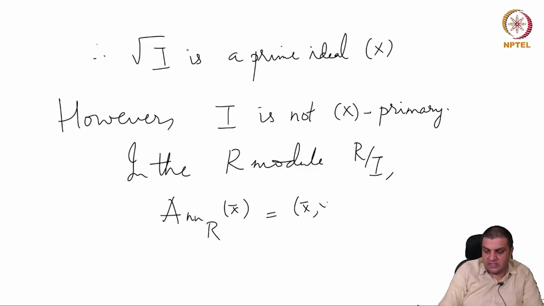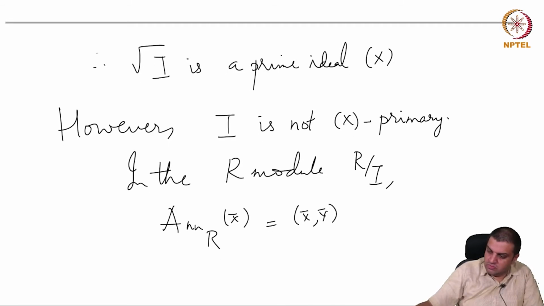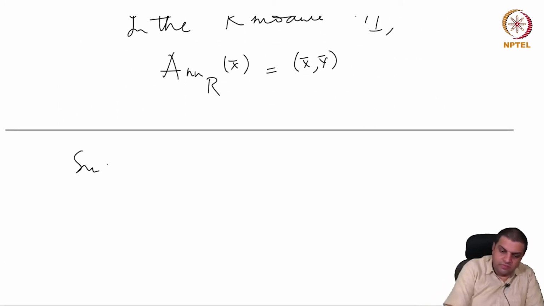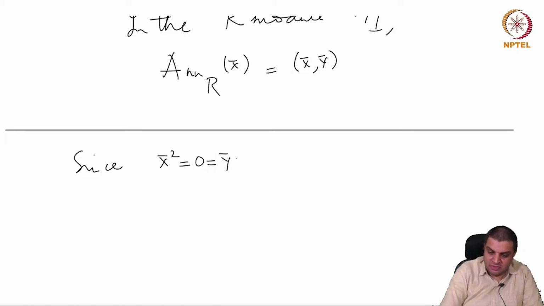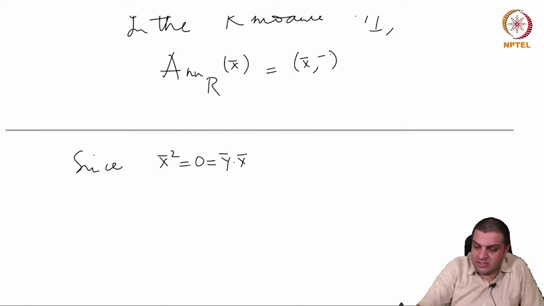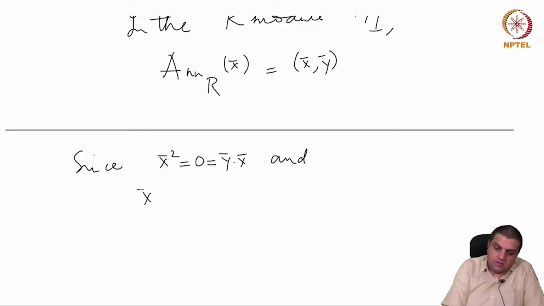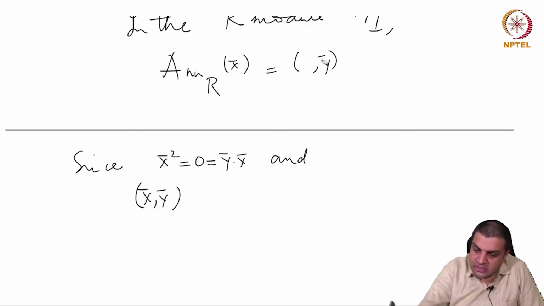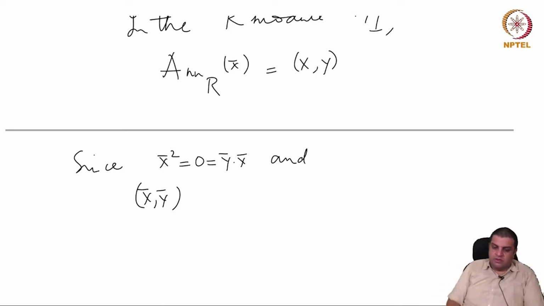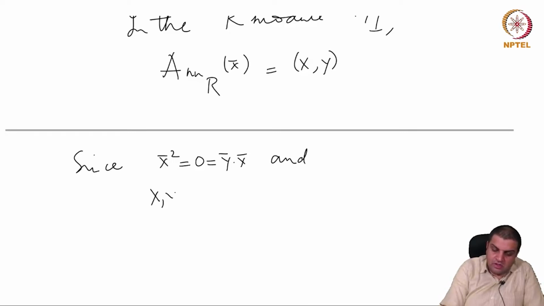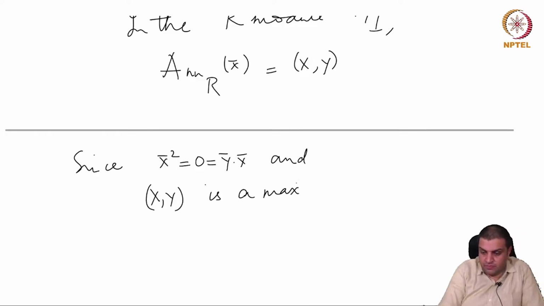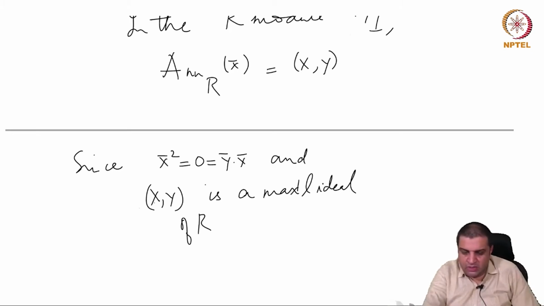It is the ideal generated by x and y, since x bar squared equals 0 and y bar x bar equals 0. The ideal (x, y) is a maximal ideal of R. So the annihilator contains this maximal ideal but doesn't contain 1, so it must be equal to the maximal ideal.